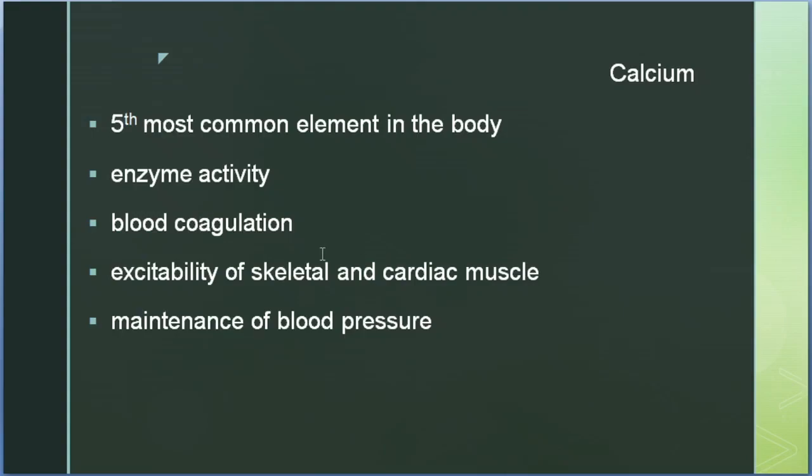Clotting factor number 4, which is your calcium. It is also involved in your excitability of skeletal and your cardiac muscle. Once your calcium is being released by your smooth endoplasmic reticulum, it will then attach to the microfilaments of your skeletal and your cardiac muscle, causing contraction. It is also involved in the maintenance of your blood pressure.